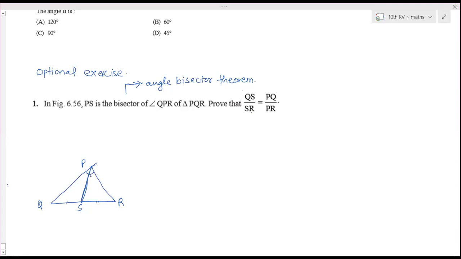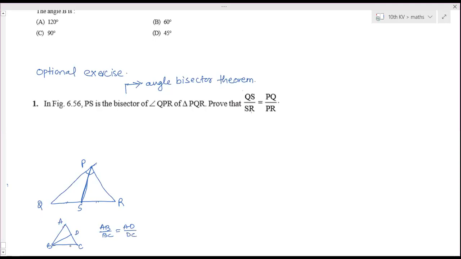That means if you draw this bisector, can you tell the ratio? This is A, B, C, and this is D. Then BD is a bisector. Can you tell the ratio? AB by BC is equal to AD by DC. Yes, very good. AD by DC.